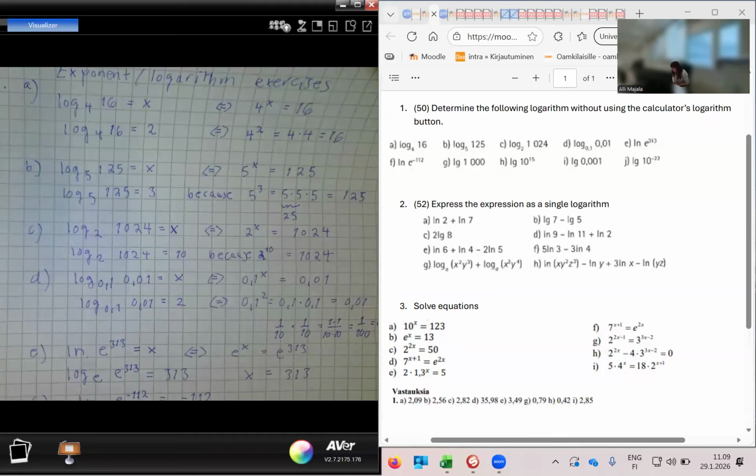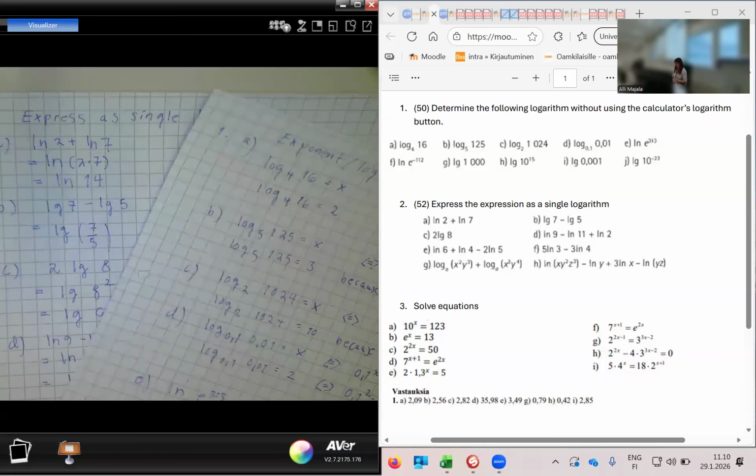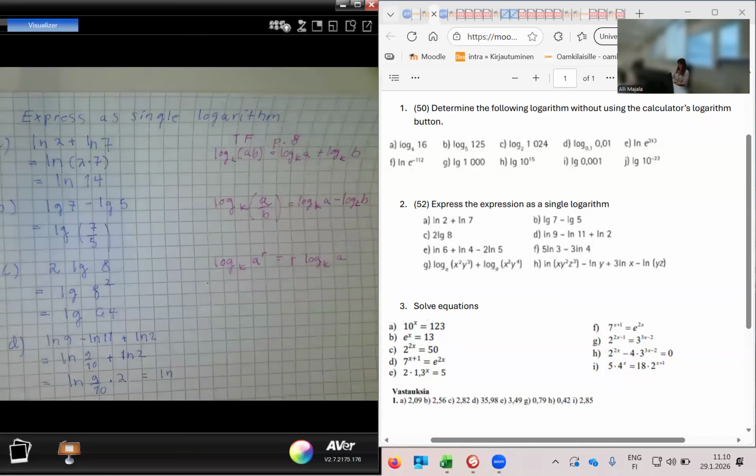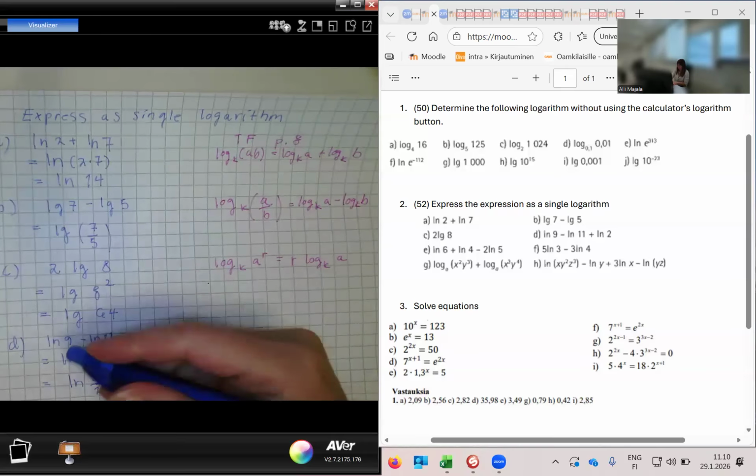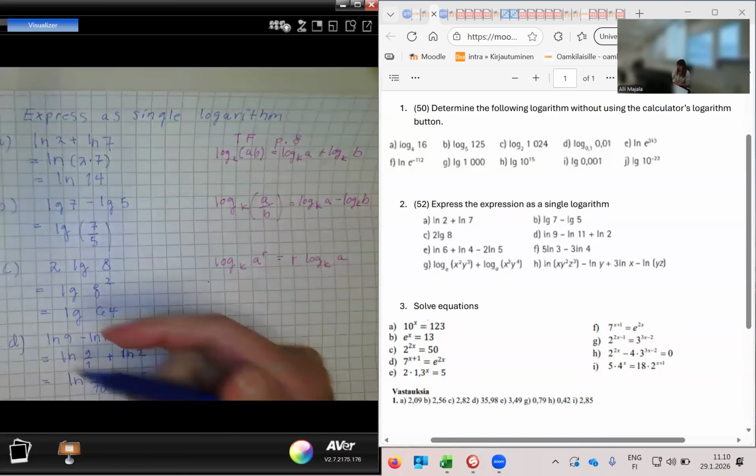There are some old solutions that have been done on the Finnish course in Finnish. Oh, it was 11. 10.